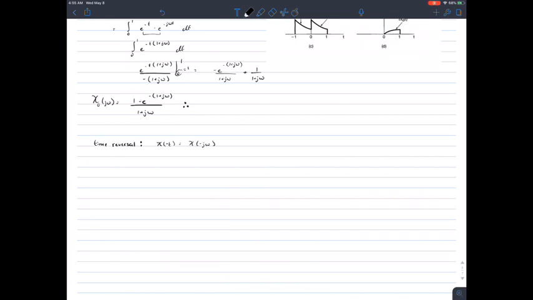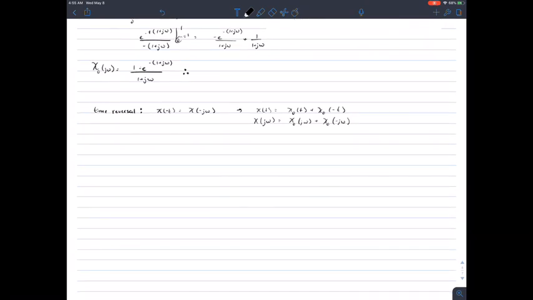And this is helpful because your x of t right now is equal to x naught of t plus x naught of negative t. So your Fourier transform is x of j omega equal to x naught of j omega plus x naught of negative j omega. That's what this will tell you. So just add the two signals.